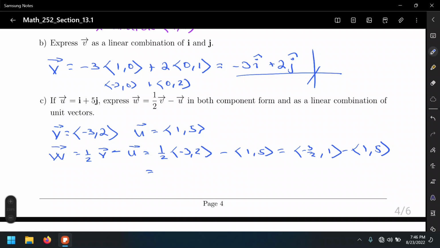And -3/2 minus 1 is -5/2, and 1 minus 5 is -4. So that's the new vector. But what they want us to do is write it as a linear combination of unit vectors. And linear combination of unit vectors means the ij notation. So that's -5/2 i minus 4j, and that's the final answer.